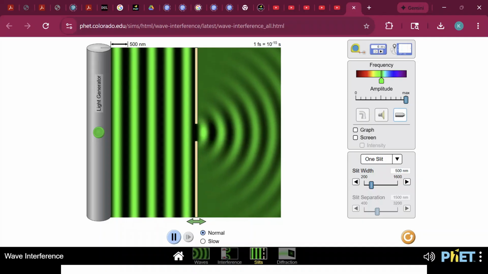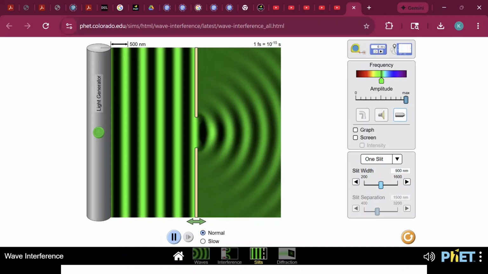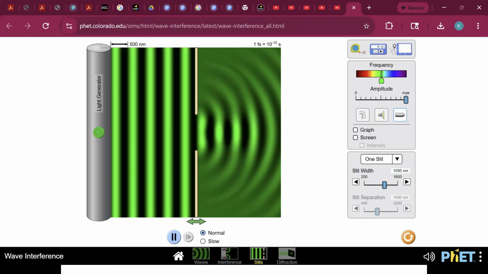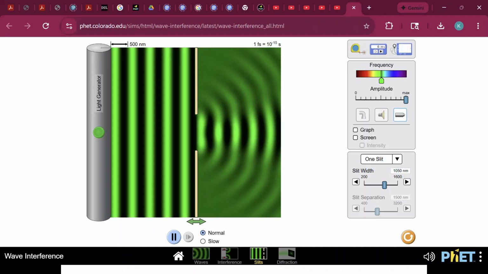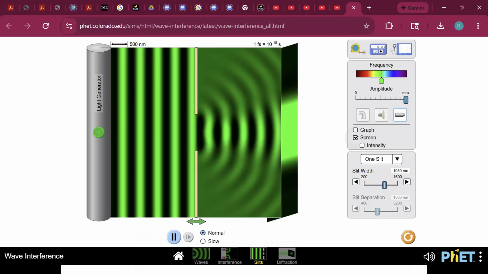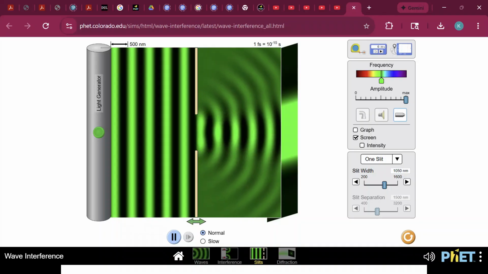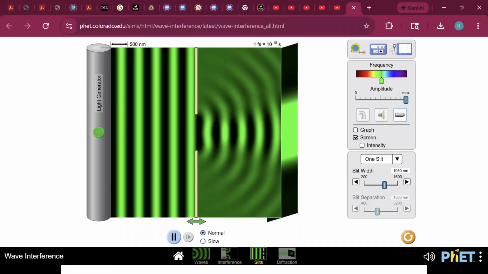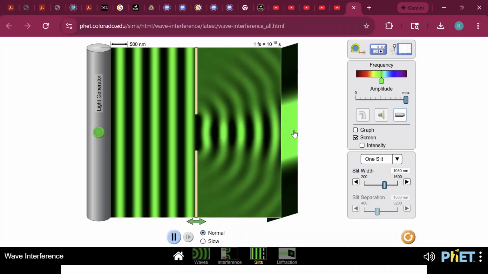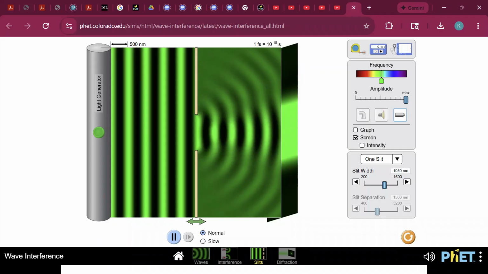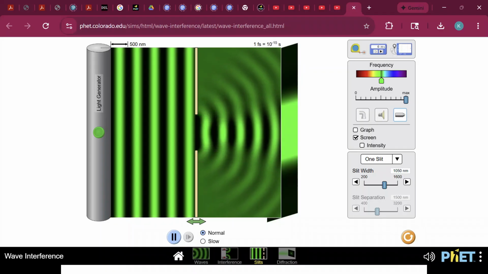I can change the width of the slit, and I can see how that changes the behavior of my light. It changes the shape. I can put a screen up at the back to see what I would see if a screen could capture that light. And I see that I get this intense band at the center, and then it's less intense further away.